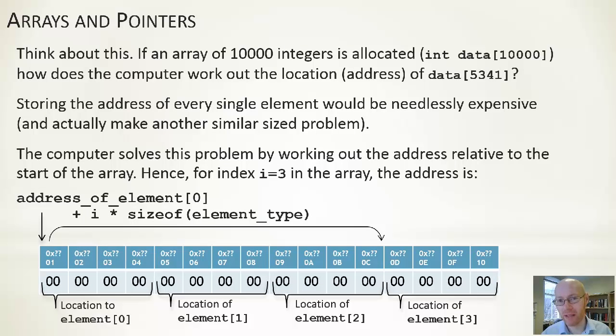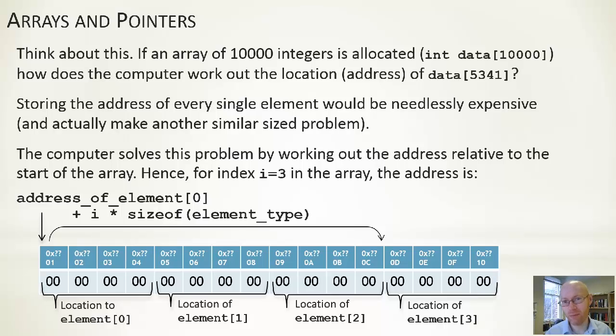Similar slide to one we had in the earlier one. This talks about how you find an index within an array. If you have an array of 10,000 integers and you want to access position 5,341, how do you calculate the location of 5,341?